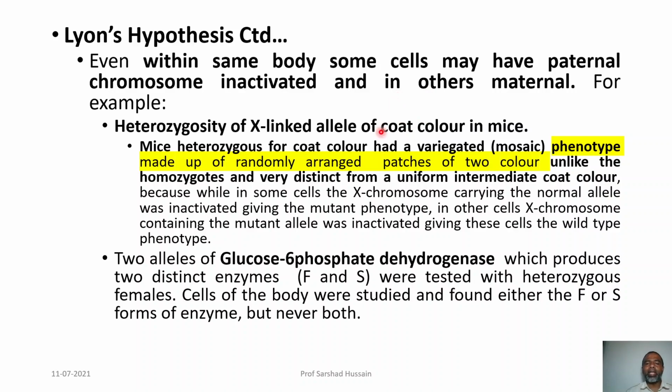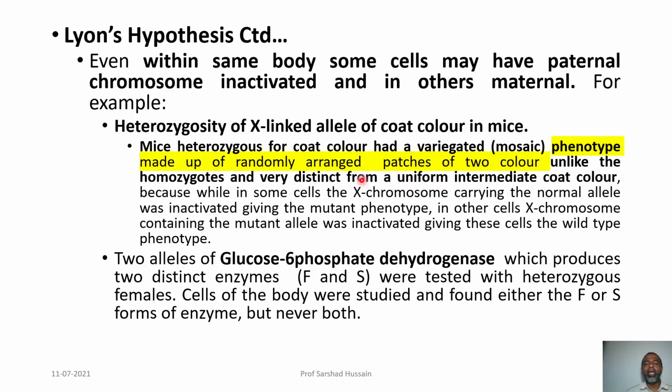Otherwise, in the heterozygous condition only the dominant one must be expressed, but because among the 2 X chromosomes, when the recessive gene is inactivated, the dominant gene of the X chromosome will show the coat color, and when in some cells of the body the X containing the dominant gene for coat color is inactivated, what will happen? The recessive will get the chance to express itself. As a result, the heterozygous mice for the X linked allele for coat color show a variegated phenotype.